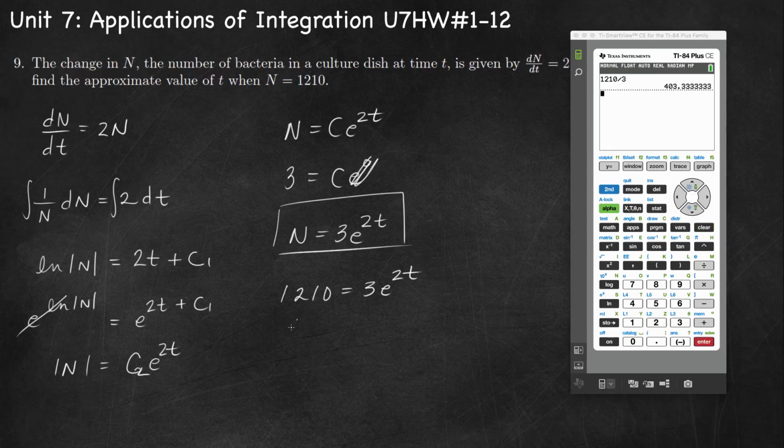Okay, so that's 403.3 repeating equals e to the 2t. Now we want to take the natural log of both sides. So that gives 5.99976 equals 2t, and then I divide by 2, and I get t equals approximately 3. T is approximately 3.